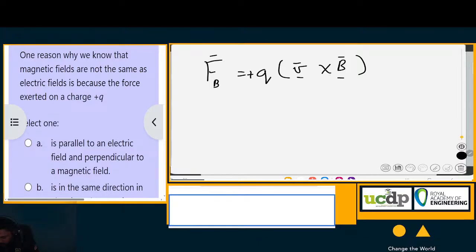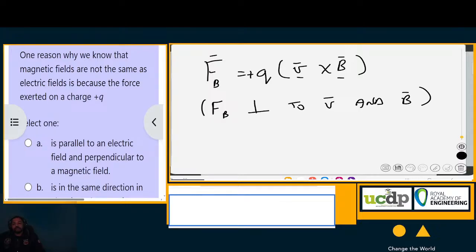Since this is a cross product, the resulting magnetic force must be perpendicular to both the velocity and the magnetic field. In the previous case the electric force is parallel to the electric field, but the magnetic force is perpendicular to both the magnetic field and the velocity.